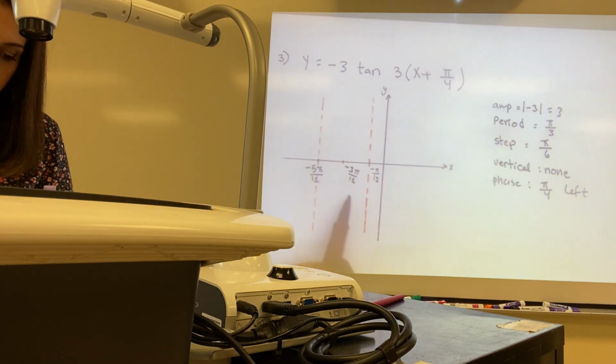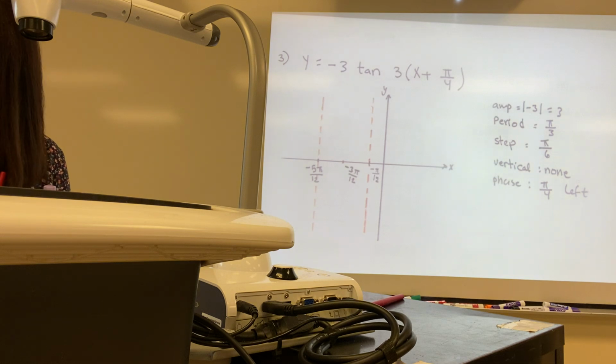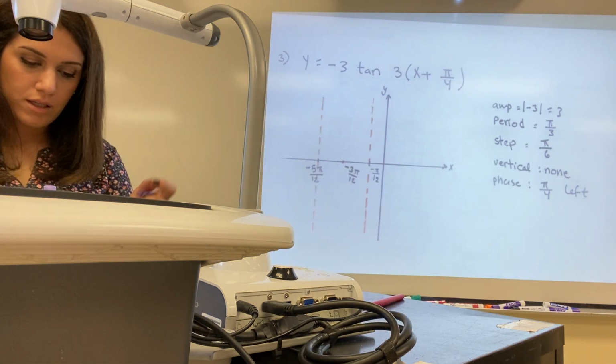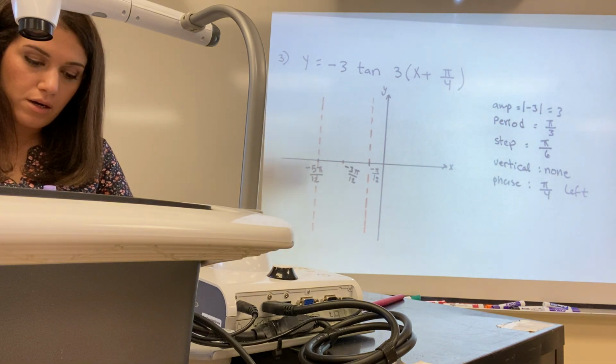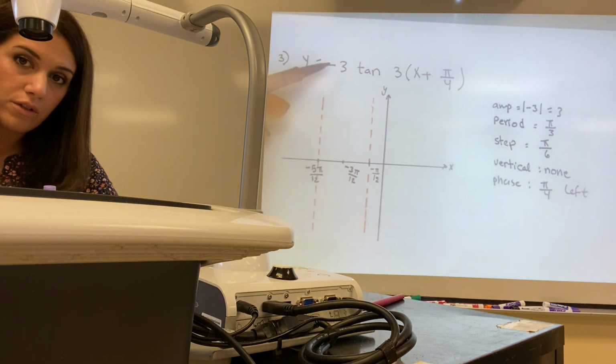Okay, we need one step here in the middle, and this will be negative 3 pi over 12. Okay, here's the one period. Here are the 2 vertical asymptotes.